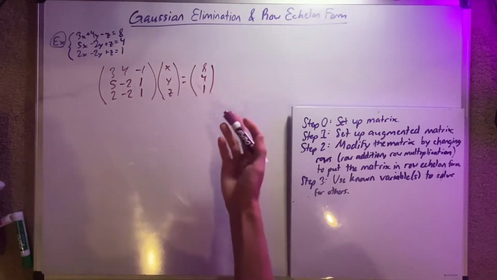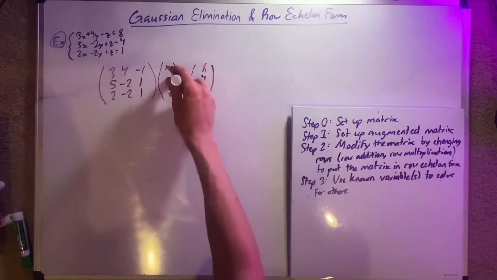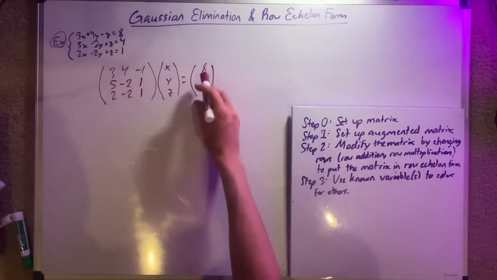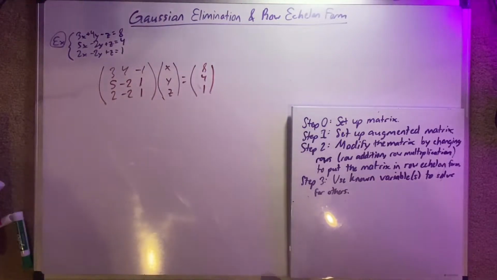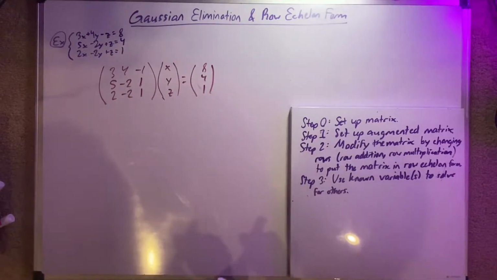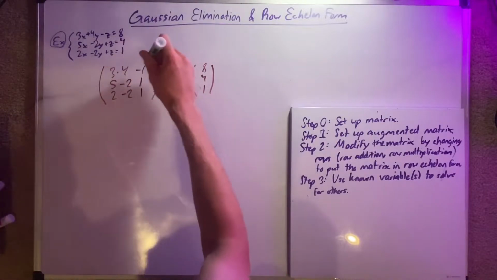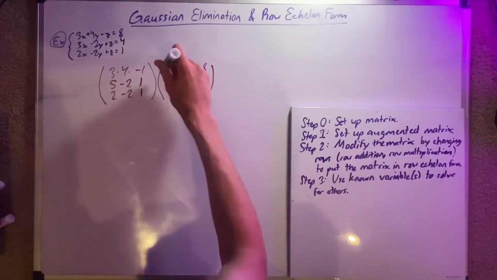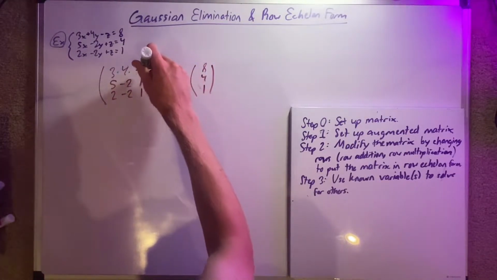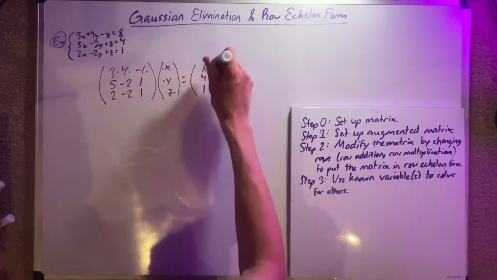If this were a, b, c, we would have a, b, c here, equal to all the numbers that each equation is equal to. Then to go back, you would say 3 times x plus 4 times y minus z is equal to 8.